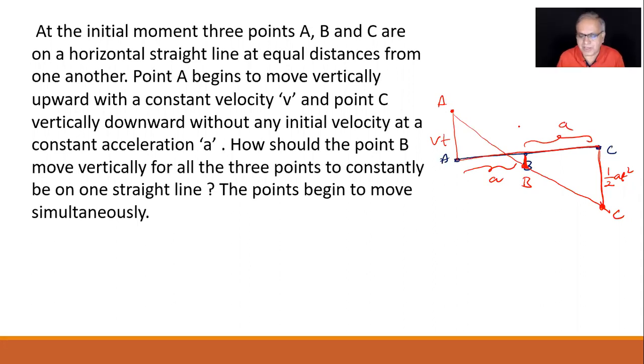A is moving up in a time t, it's at Vt distance there. C has covered half at square. B's distance, we don't know. Our job is to calculate this distance, children, finally. If you calculate that distance, it will tell you the information about the velocity of it, acceleration of it, and the direction of motion. All the three will come once you calculate that. So it now reduces to what, children? It reduces to geometry.